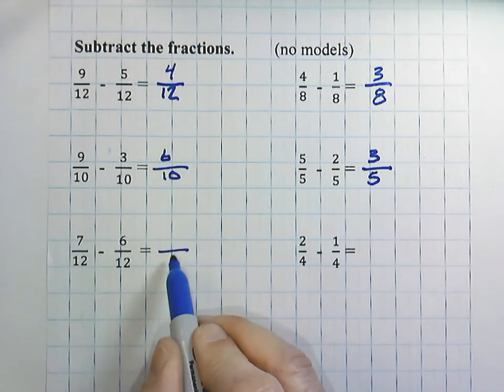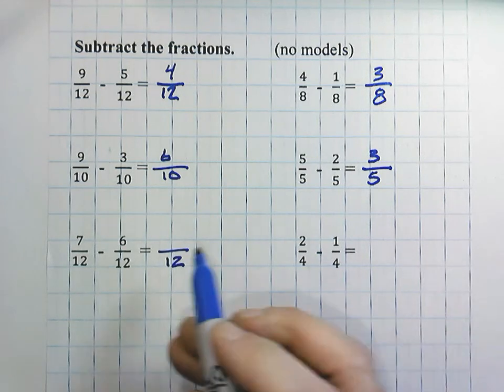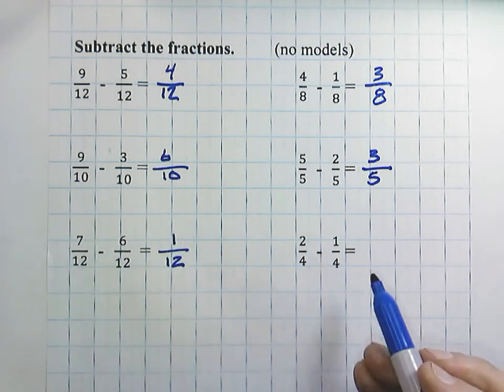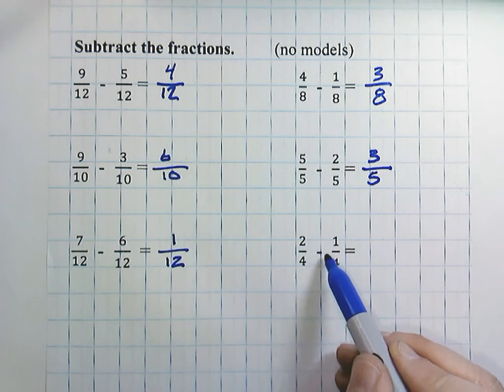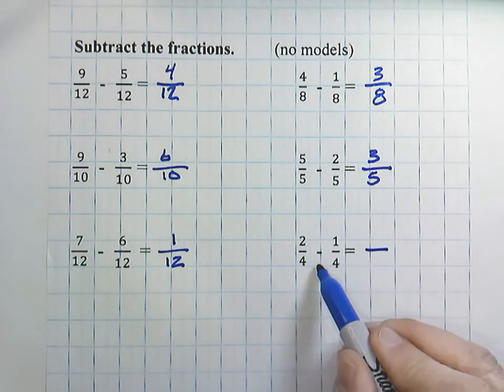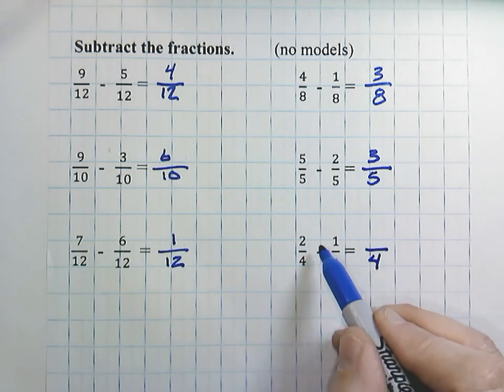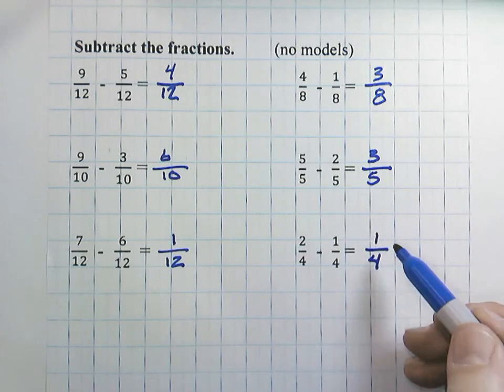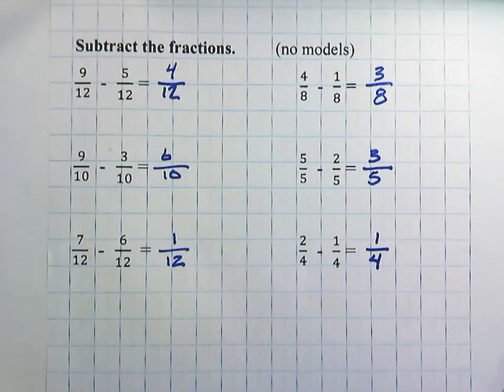Boom, boom, boom on the bottom. And 7 minus 6 would be 1. And finally, 2/4 minus 1/4. Our fourths, and 2 take away 1 would be 1/4.